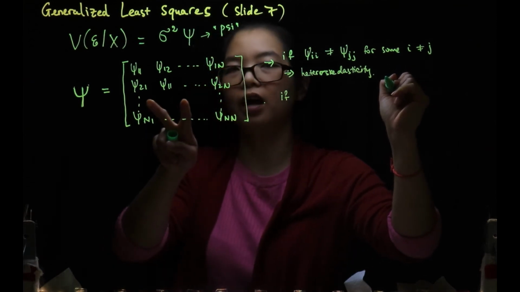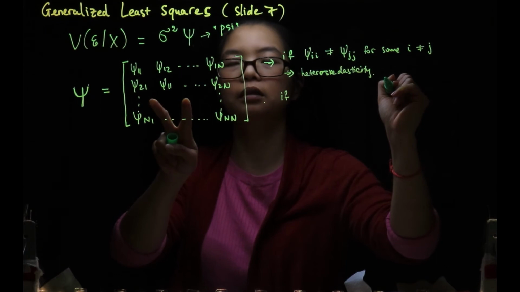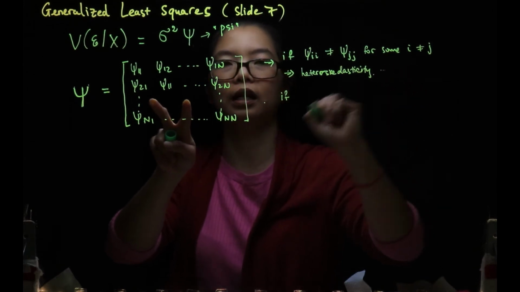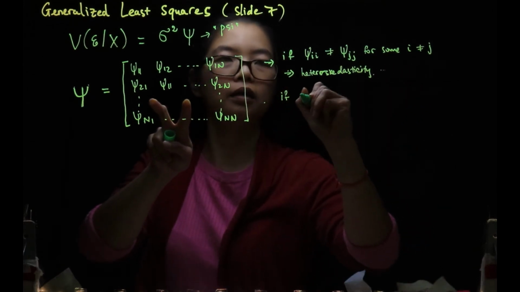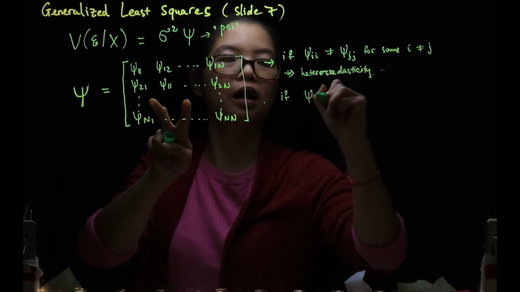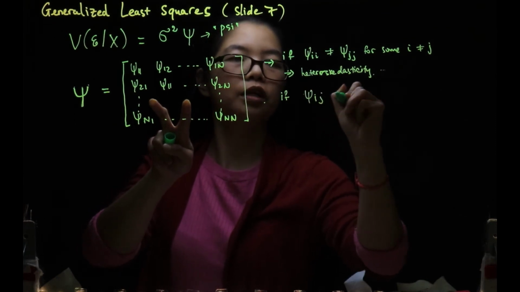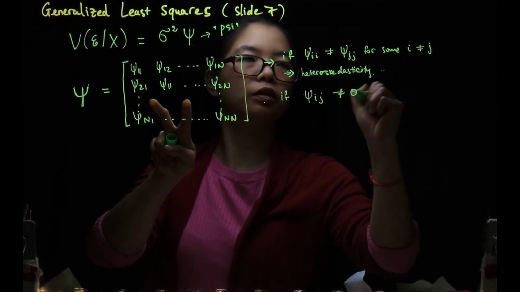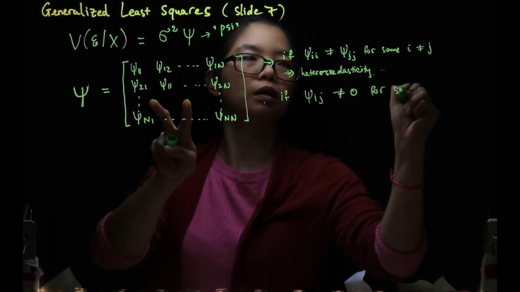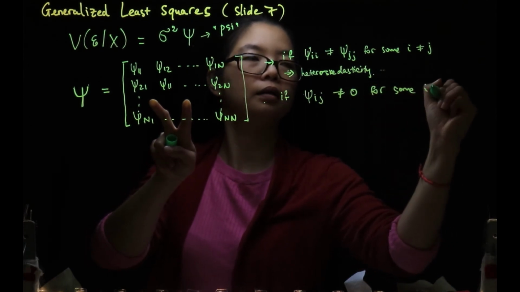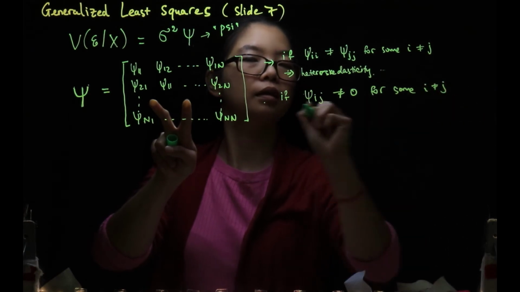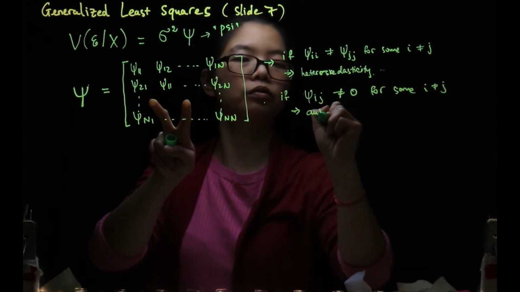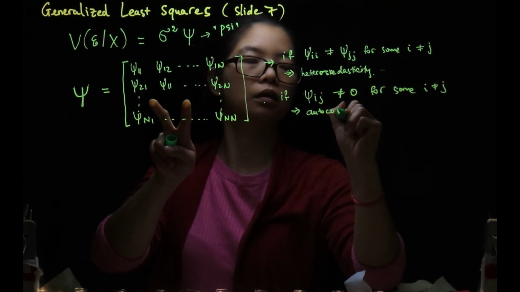However, the off-diagonal elements are still 0. So that's heteroscedasticity. On the other hand, if you have psi ij different from 0 for some i different from j, then you have autocorrelation, right?